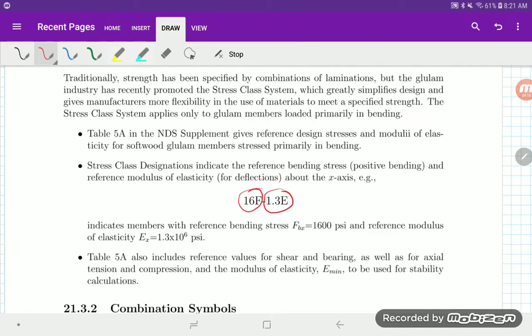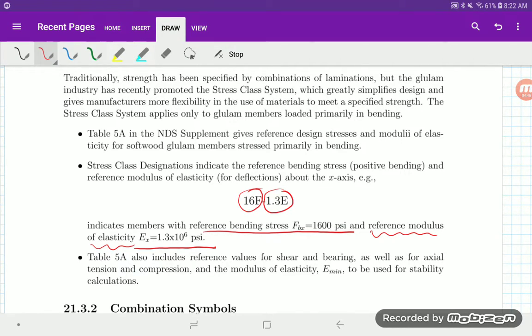So for example, a 16F is telling us that our reference bending stress is 1600 psi. If it has then a 1.3E like here, it's telling us that our reference modulus of elasticity, the one that we would use for the deflections, for deformations, not for stability, would be 1.3 times 10 to the 6 psi, pounds per square inch.